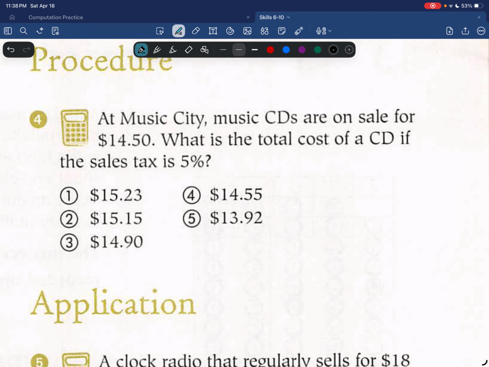At Music City, music CDs are on sale for $14.50. What is the total cost of a CD if sales tax is 5%? So this one, we don't have to worry about discount. We just have to do the cost plus tax. So we have the cost is $14.50.